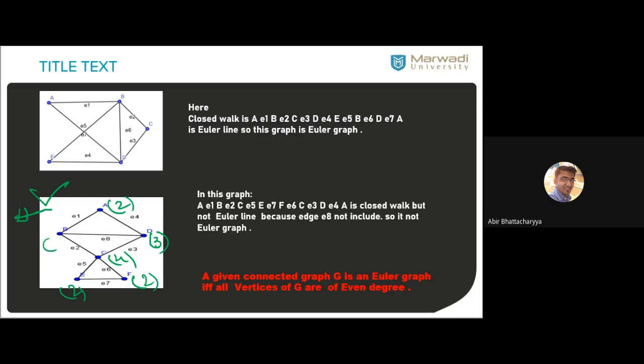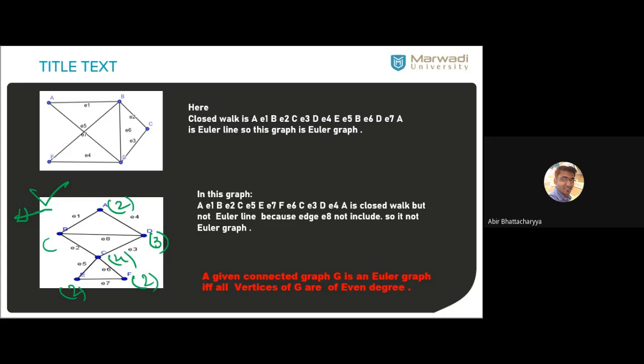Okay. But still, you have to try to construct a Euler line and you will fail. That part you have to show in exam. Don't just write that since we have odd degree vertex, that's why it's not a Euler graph. That is good justification, but not perfect justification. To have a perfect justification, you have to try to construct an Euler line. How to try?